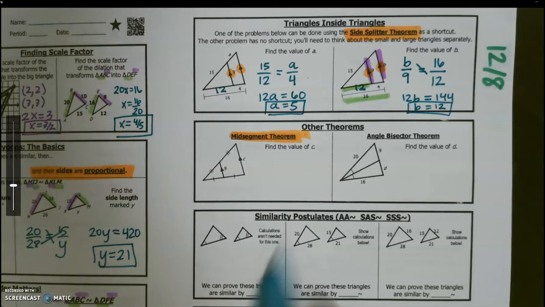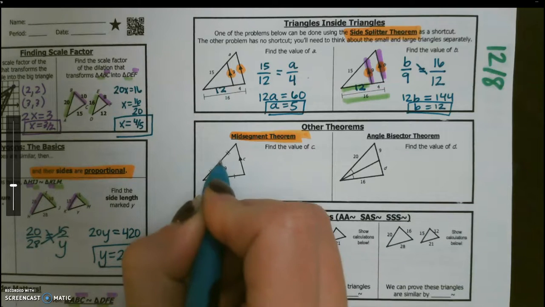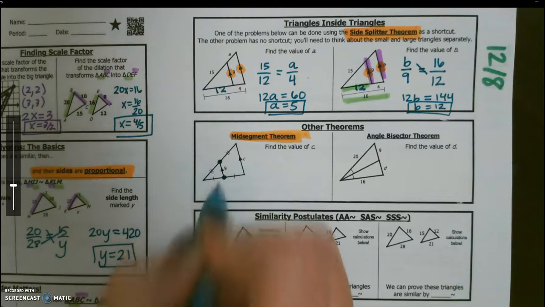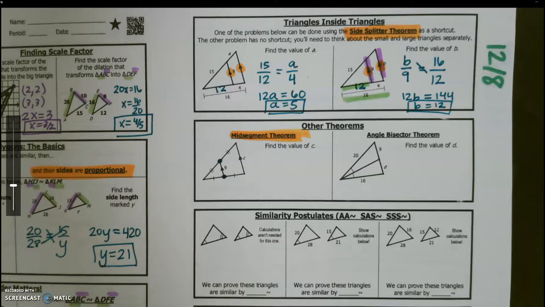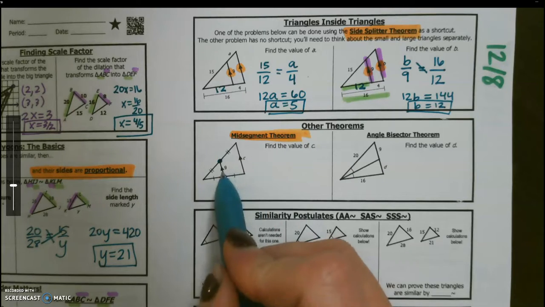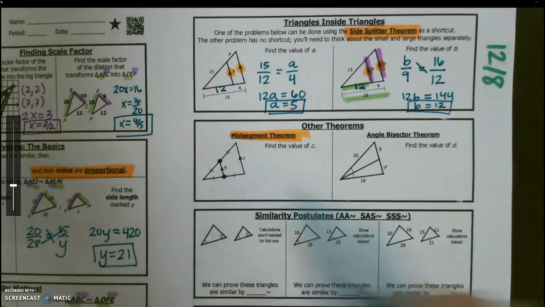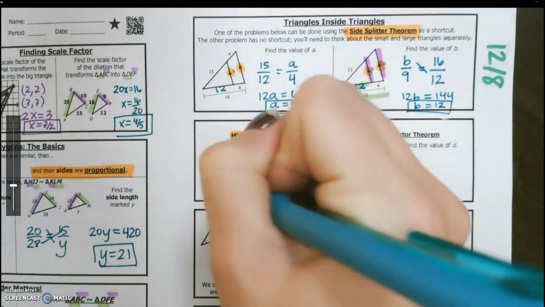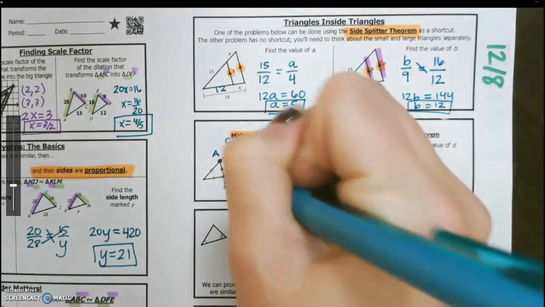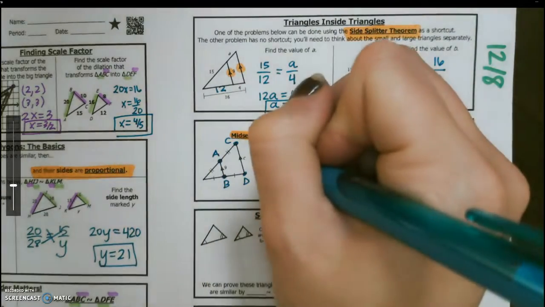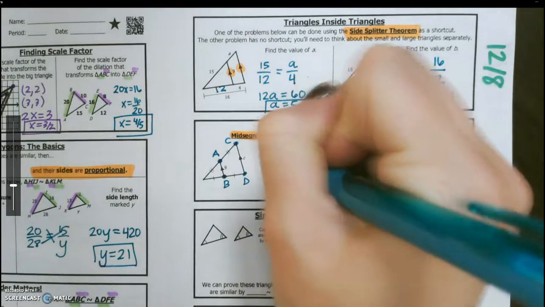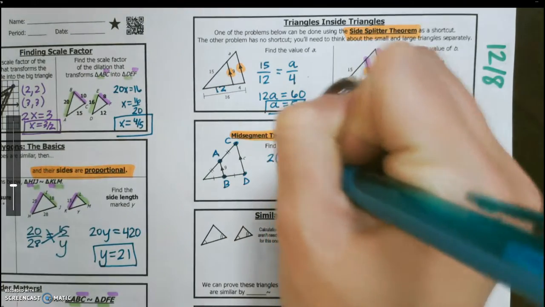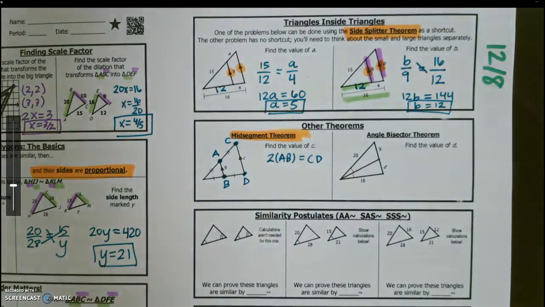For mid-segment theorem, again, you have to have a midpoint and a midpoint. When you connect two midpoints, it creates a mid-segment. The relationship between the mid-segment and the side opposite of it, let's say I were to give these labels for just a moment, I call that AB and CD. Two things that we know: if you double AB, it is equal to CD.